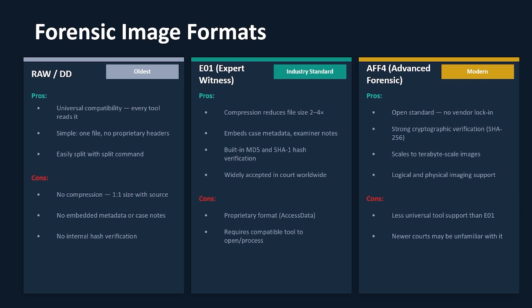And it still has generally better compression than E01 would have. It does also support logical drives and logical imaging, as well as physical drives and physical imaging. There is less universal tool support than E01, but it's mainly because it's a newer type of format.